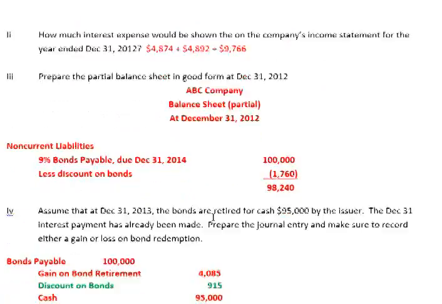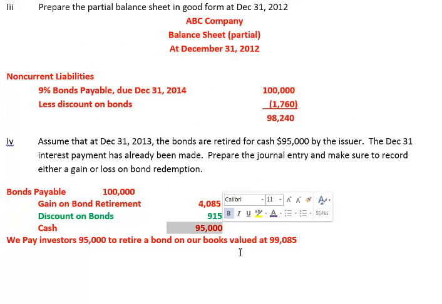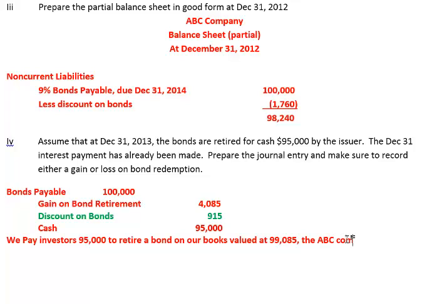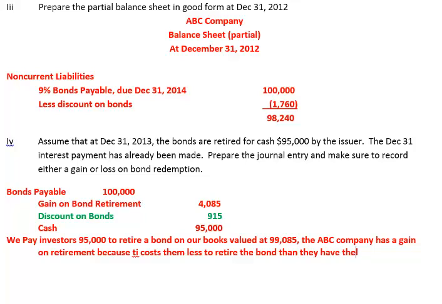So if it's only costing me $95,000 to extinguish a liability that I've got booked at $99,085, then ABC company has a gain on retirement because it costs them less to retire the bond than they have the liability booked on their records, right?